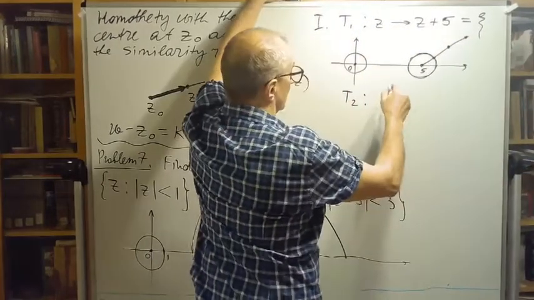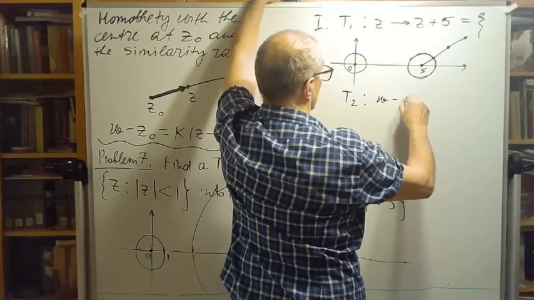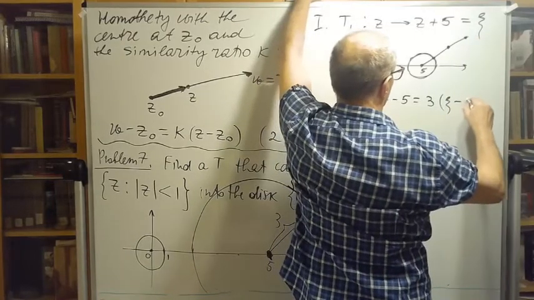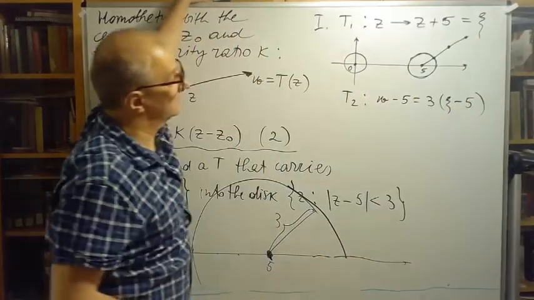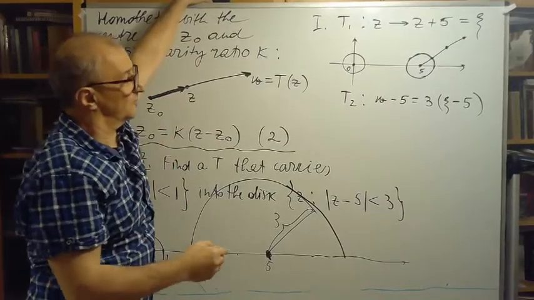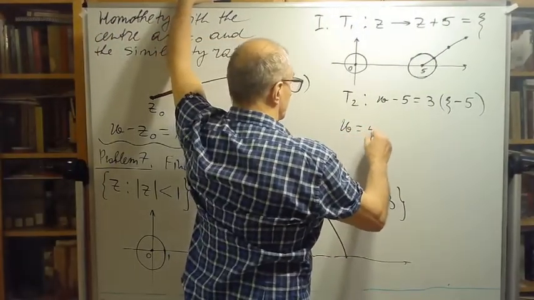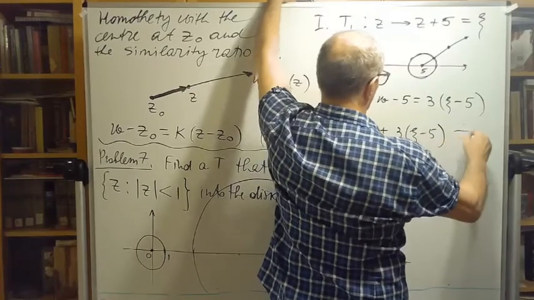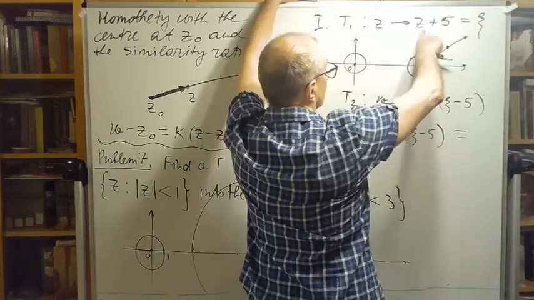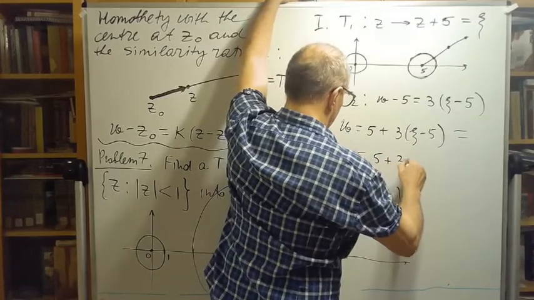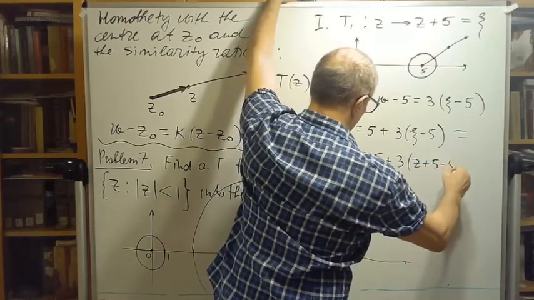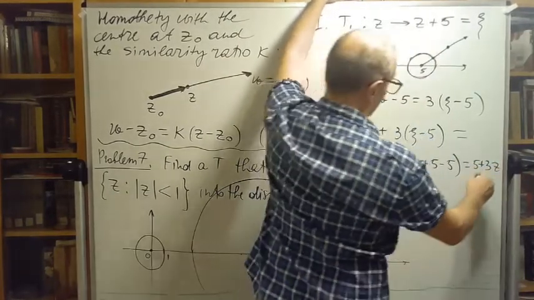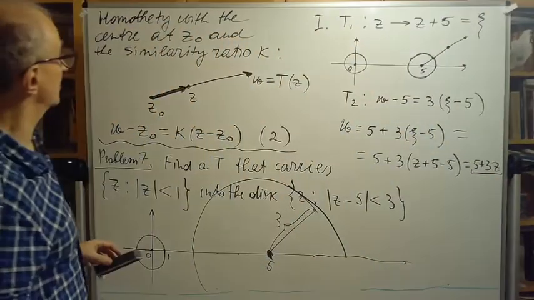I will write it like this: W minus 5 equals 3 multiplied by psi minus 5. So from here I can find W equals 5 plus 3 times (psi minus 5), now instead of psi I will substitute z plus 5: 5 plus 3 times (z plus 5 minus 5), and it will be 5 plus 3z. That's our formula for the transformation.